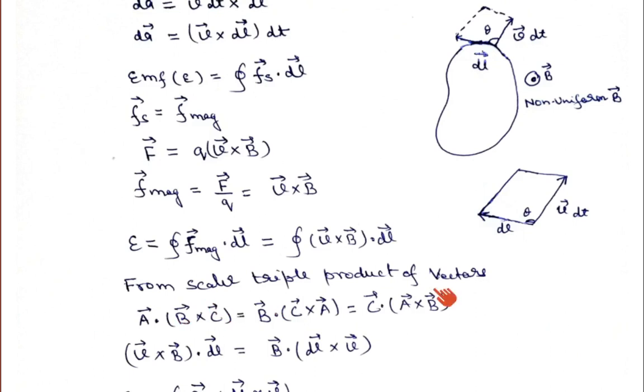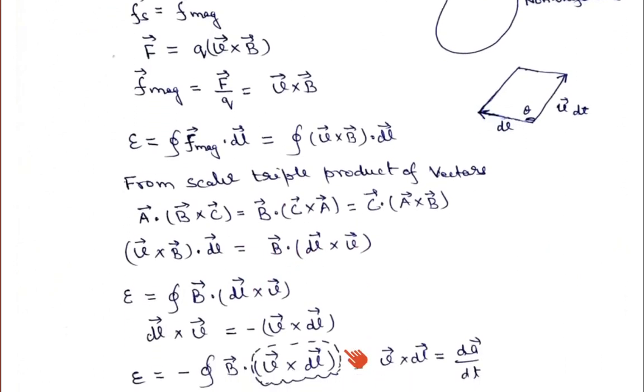From this vector identity, the scalar product of three vectors, A dot B cross C is exactly equal to B dot C cross A, or C dot A cross B. That means this v cross B dot dl can be exactly written as B dot dl cross v. So if you substitute, the line integral over the closed path becomes B dot dl cross v.